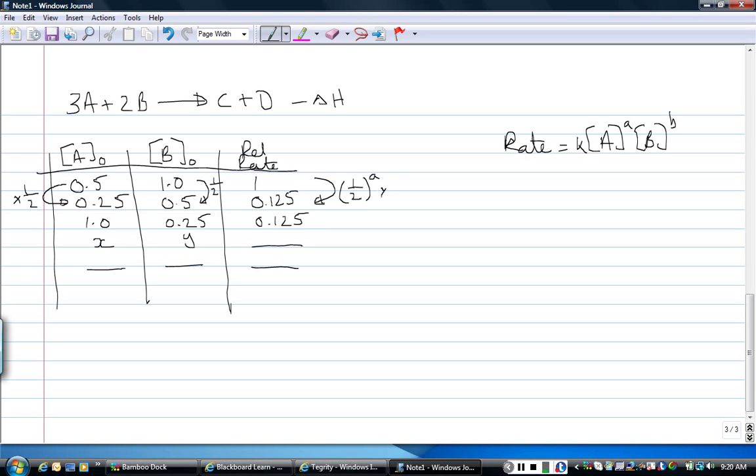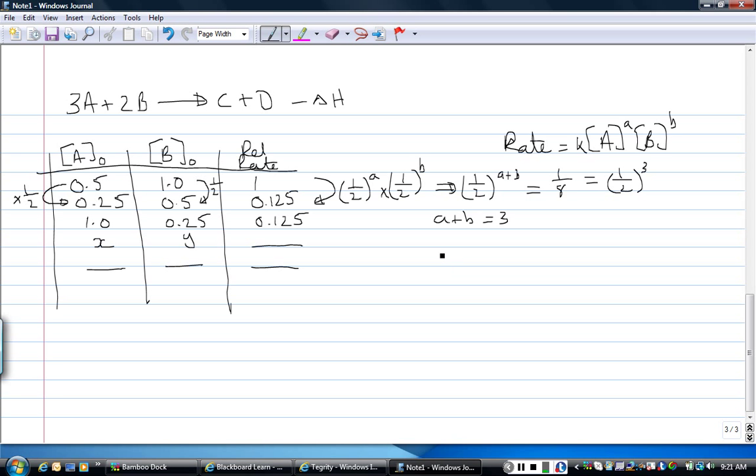Therefore, I must have also multiplied the rate by a factor of 1/2 to the power of b. So I can then say that 1/2 to the power of a plus b, because these are both 1/2, must be equal to, now 0.125 is really 1/8, right? But 1/8 is 1 over 2 cubed. So I can infer then that a plus b must be equal to 3.